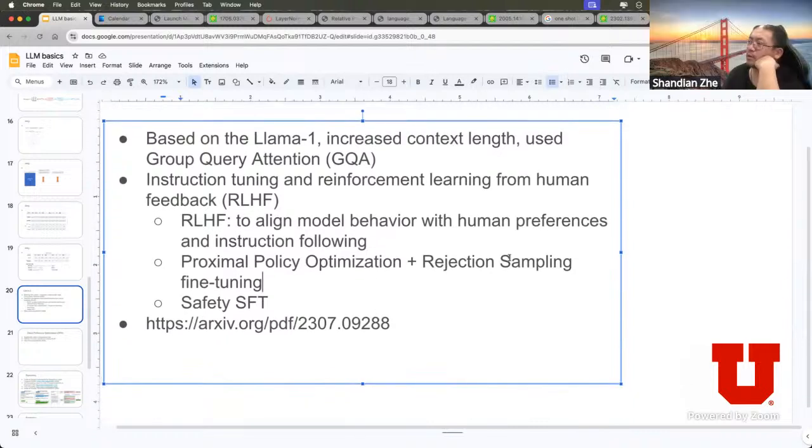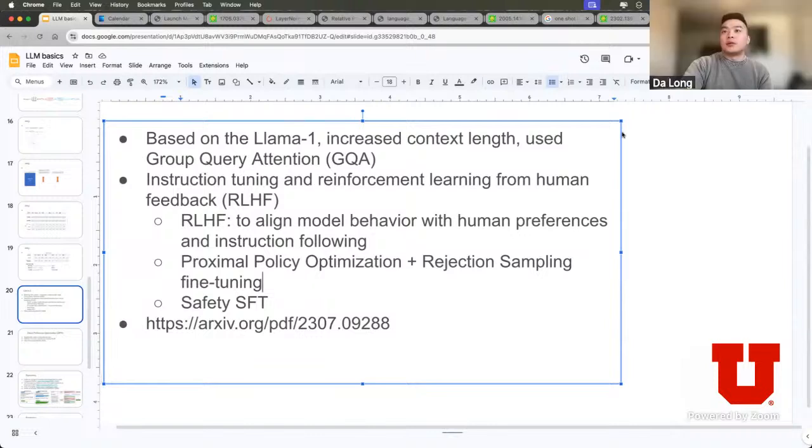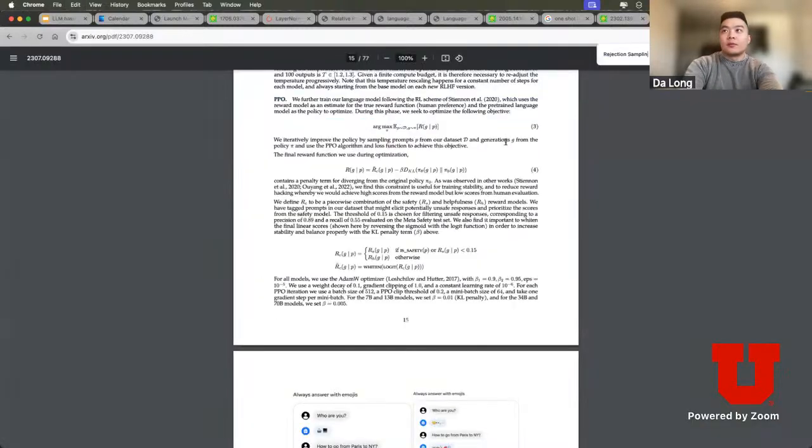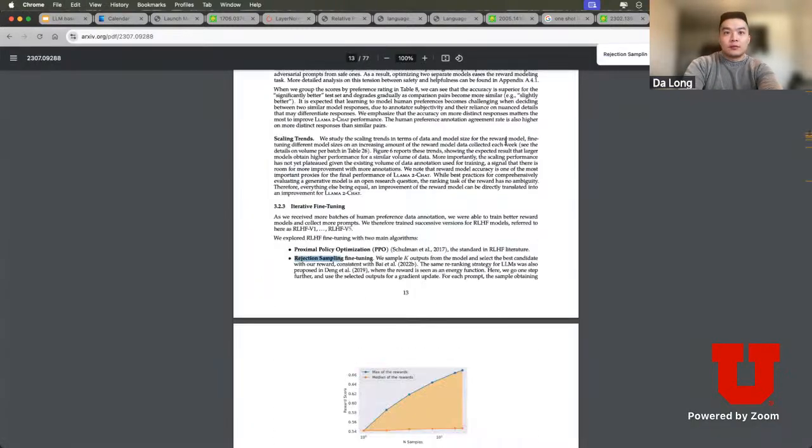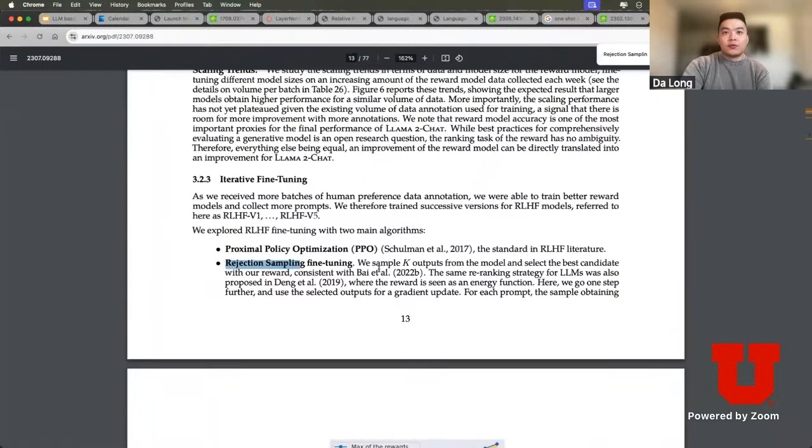So is this automatic? You mean they rank the top answers and put them in the training data again? Is that what they're doing? Oh, let me see. So they sample K outputs from the model and select the best candidates with the reward model.